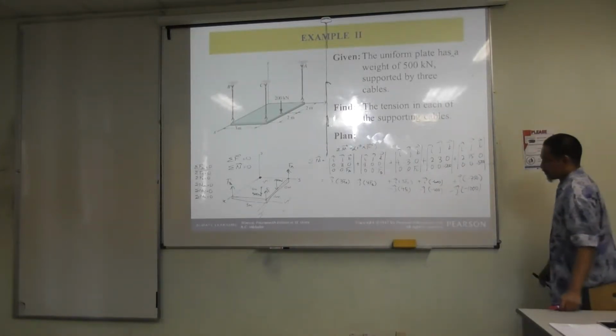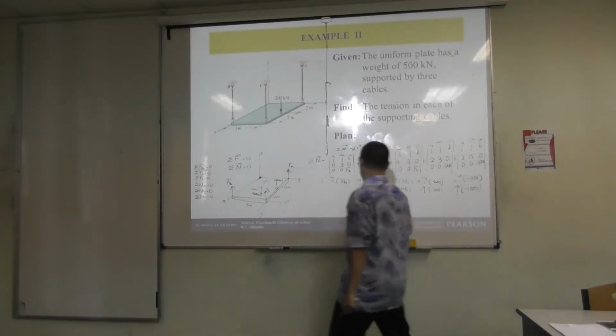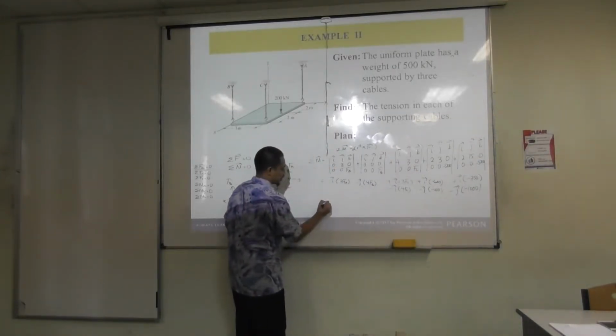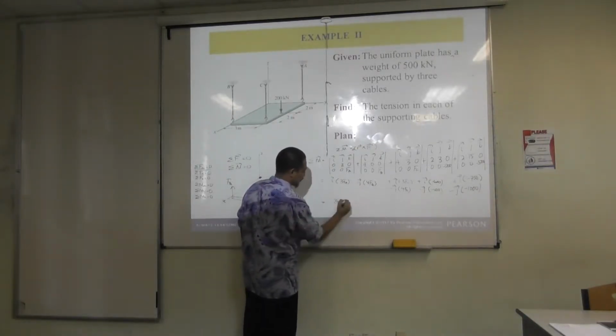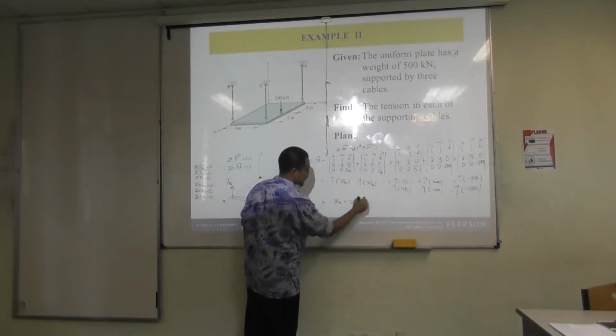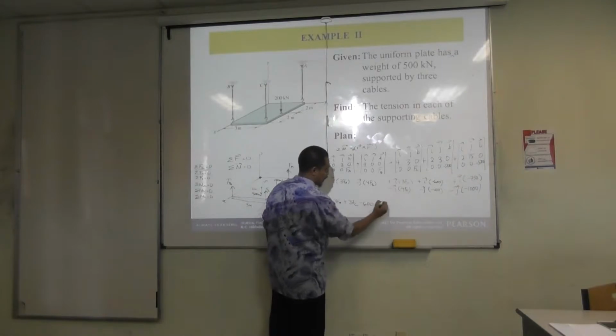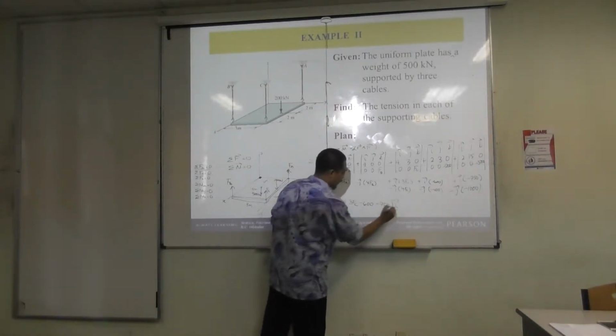Right. Now, if you group everything, for i you'll have 3fe plus 3fc minus 600 minus 750. This one is i.